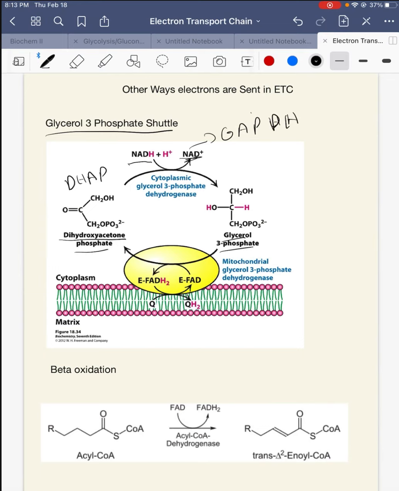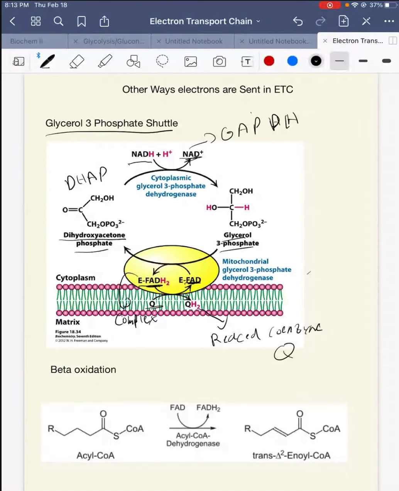And then glycerol 3-phosphate gets oxidized back to DHAP, and it gives the electrons to FAD, and it becomes FADH2. Then this can enter complex 2 and give the electrons to coenzyme Q, and then you'll get reduced coenzyme Q. Does that make sense?